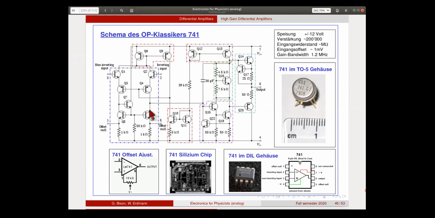Here's a current mirror, which completes the differential pair. So it's upside down with respect to what we had before. We have the current mirror here. The feedback of the current mirror, the diode connection, is also slightly different. It's not simply done connecting these two parts, but there's a transistor here between, or an emitter follower if you want. But basically, this is also just a current mirror, and this is our differential pair.